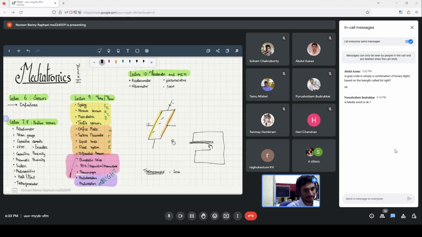In lecture 10, we had acceleration and micro electromechanical systems. Are there any questions about the last lecture? Because the last lecture definitely had the most math, and I want to know if anyone had any issues with the formulations and how the equations were derived.